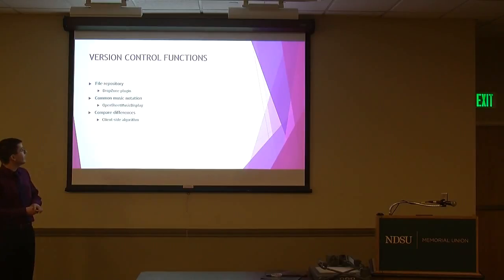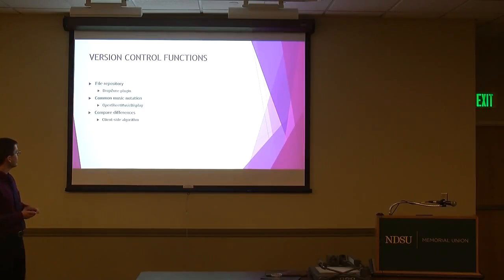And the way that I implemented that was with a plugin called DropZone. I'll tell you a little bit more about that on the next slide. Another element that we're implementing to help composers manage their versions is with an engine to display that music in common music notation, and that's with an engine called OpenSheet Music Display. I'll show you an example of that here as well too.